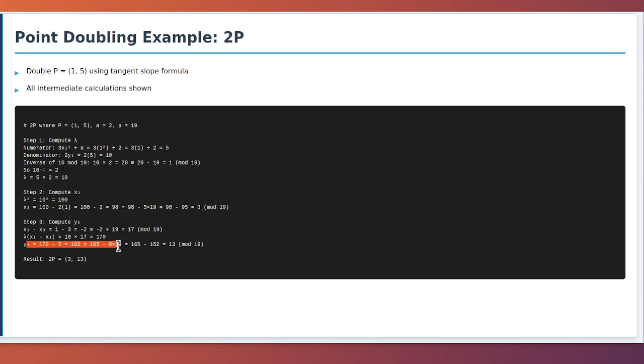Reducing 165 modulo 19, 165 divided by 19 equals 8 with remainder. So 165 minus 8 times 19 equals 165 minus 152 equals 13. Therefore, 2p equals (3, 13). We've successfully doubled our point.